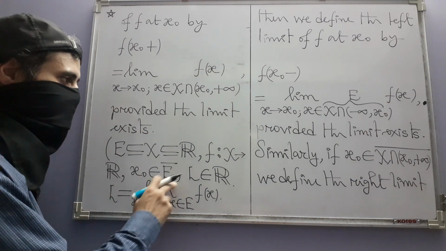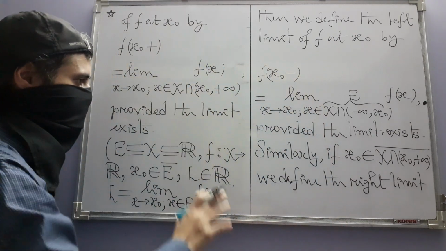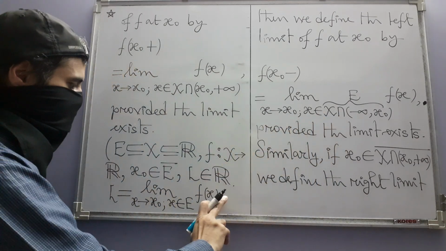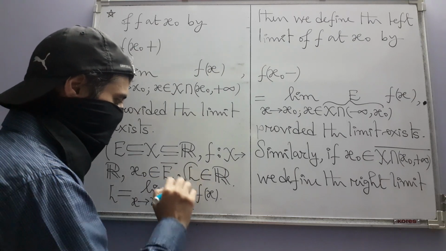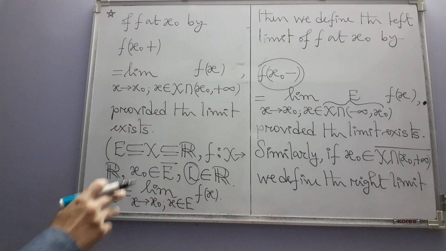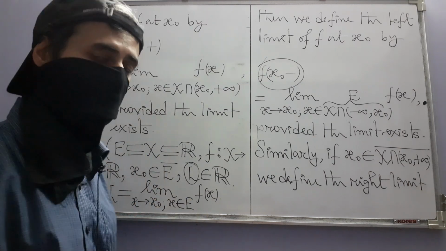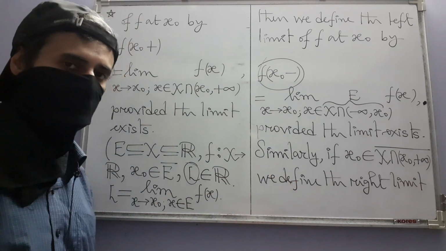And x naught is an adherent point of E. And if the limit exists, then we say, in this case, this L is the left limit. Then we call that special limit the left hand limit or the left limit of f at x naught. And similarly the right limit also.